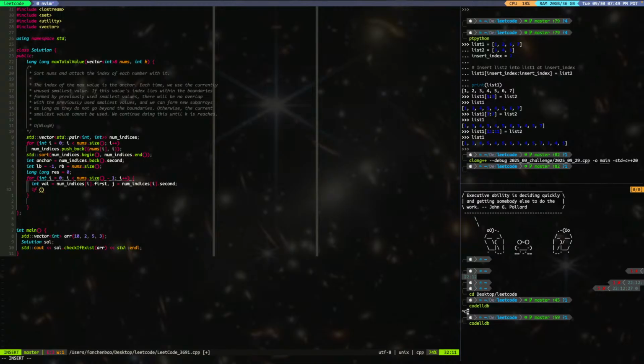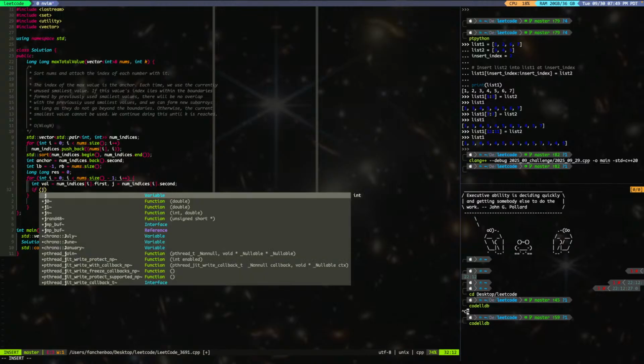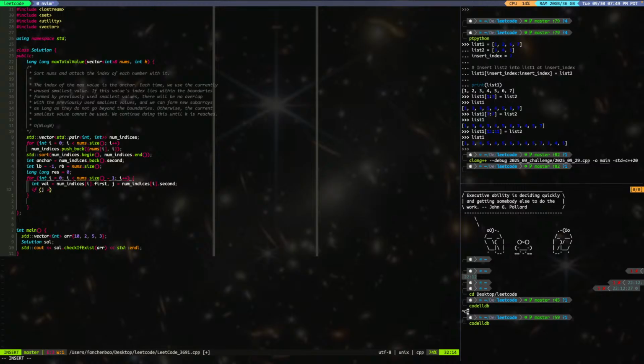If j is larger than left bound and j is smaller than right bound, okay, then we can compute the total number of subarrays. Sub count shall equal 2.